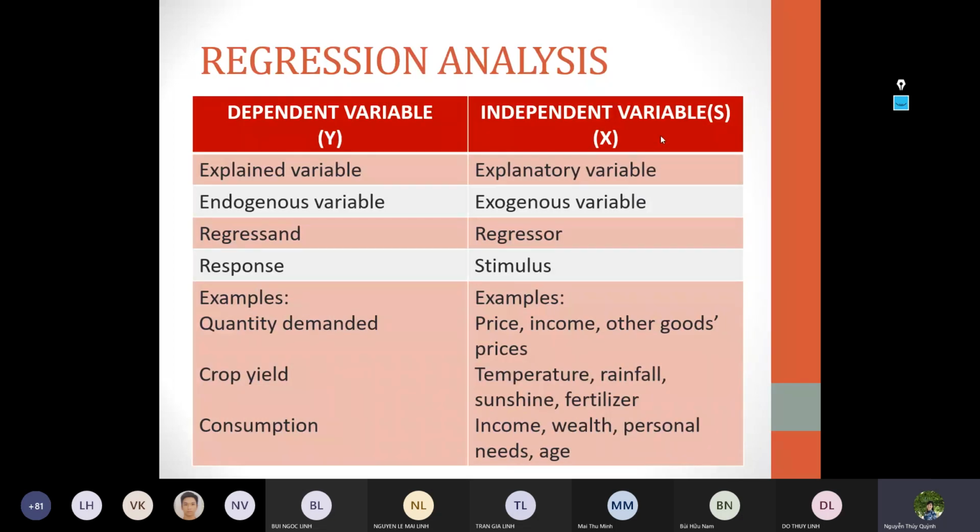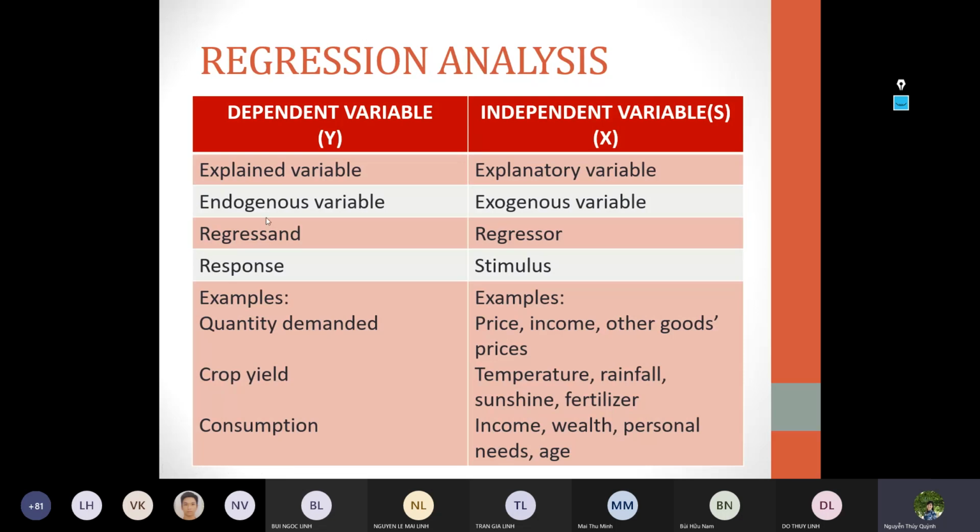So the values of those independent variables depend on other things outside the model that we investigate. That's why we also call it the exogenous variable. And for the dependent variable, because its value depends on the other components of the model, like the independent variables, we call it the endogenous variable.